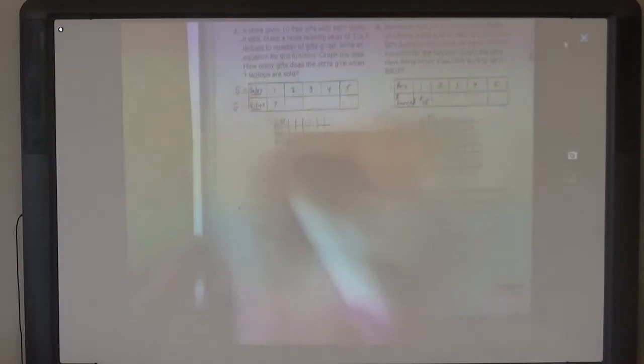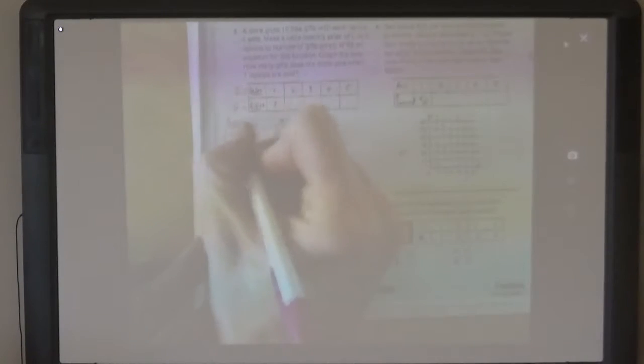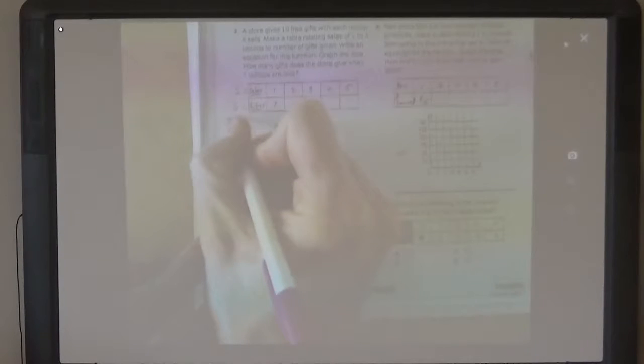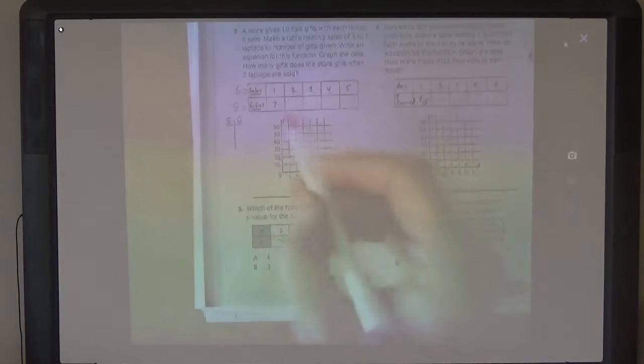So on your chart, if you make one this way, it'll be S and G. Just make sure your S doesn't look like a 5. Okay? But we'll use the chart that was given.